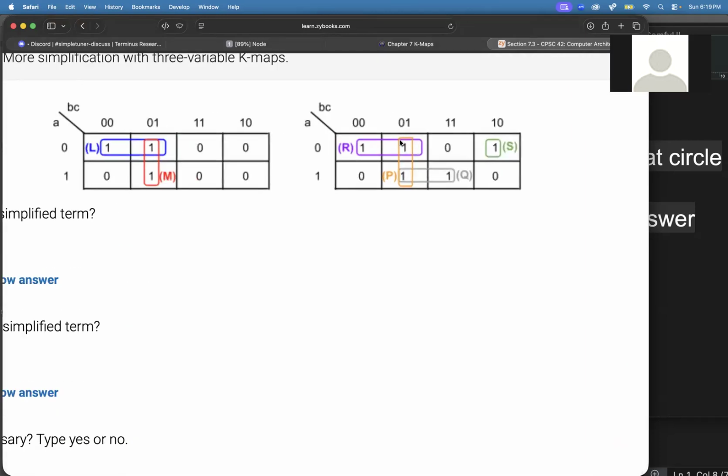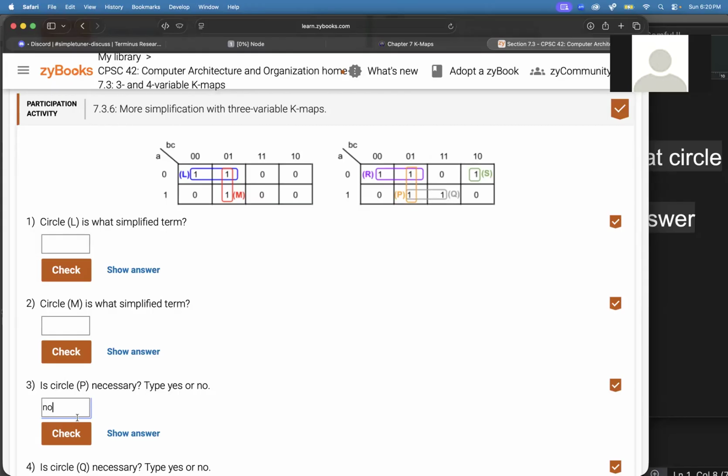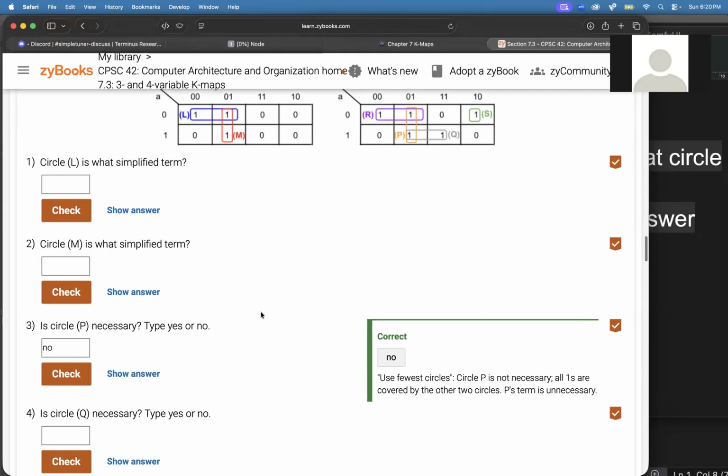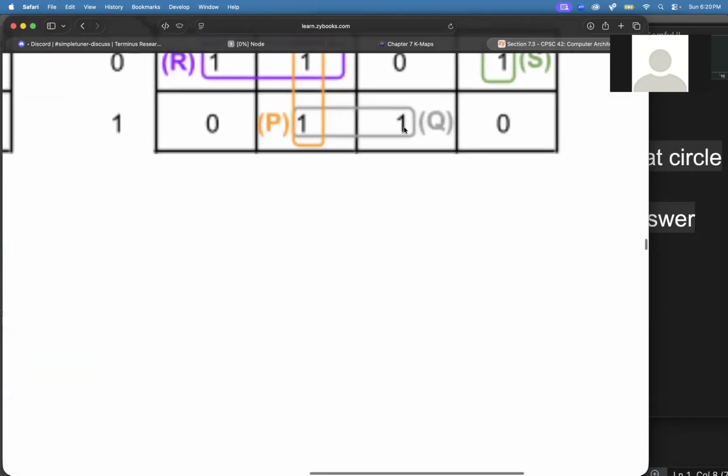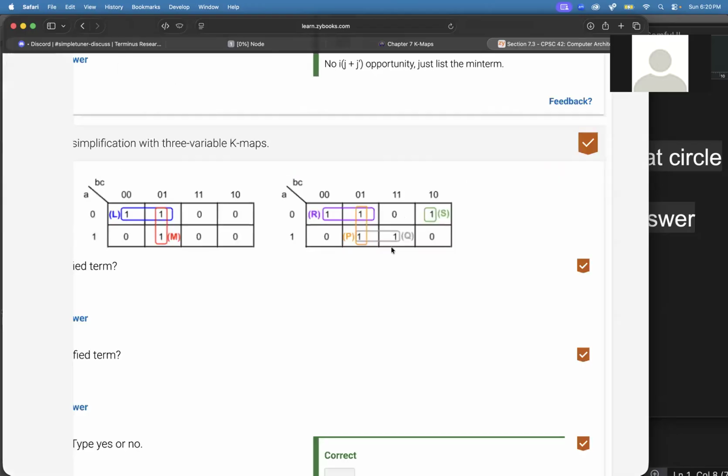Oh no, P is not necessary because both of these ones are also circled with Q. So you could just get rid of P and everything would still be circled. You don't need that. Is circle Q necessary? Yes. You do need Q because this one needs to be circled, and if you got rid of Q, then it would not be circled.